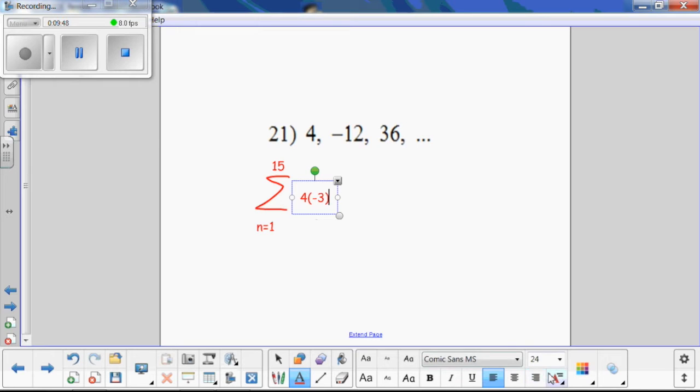And we use an exponent of n minus 1. We can also type that in our calculator and we get a very large number. These numbers can get very large or very small.